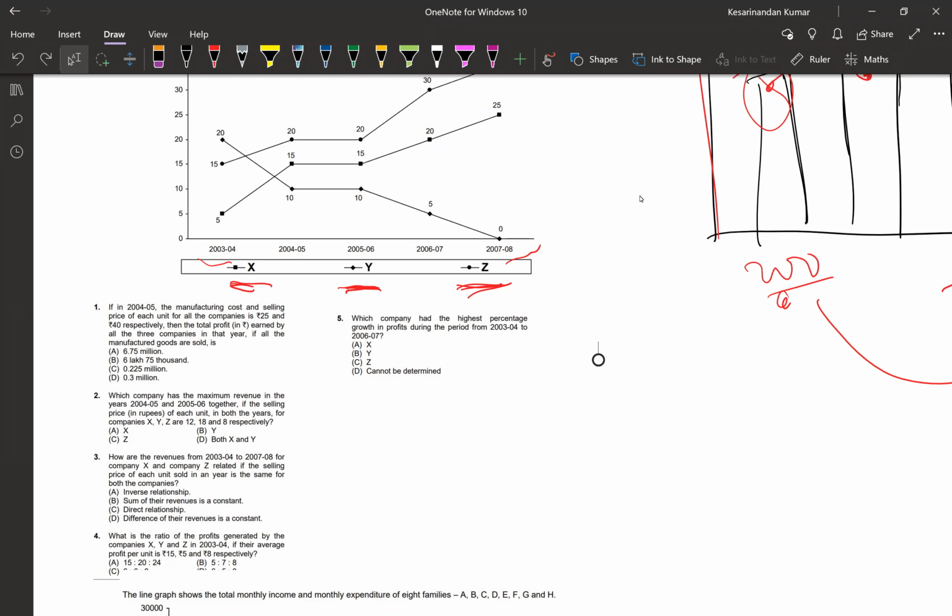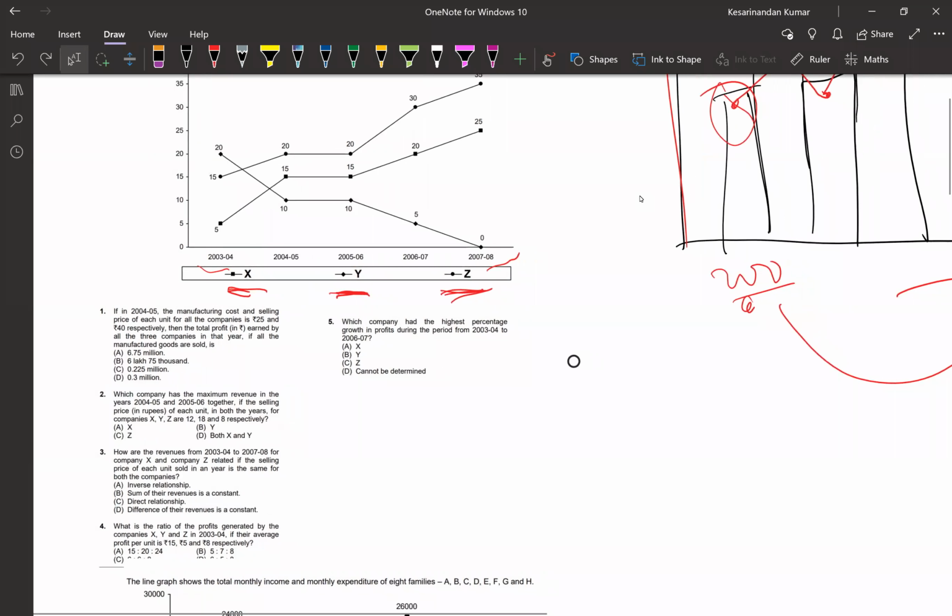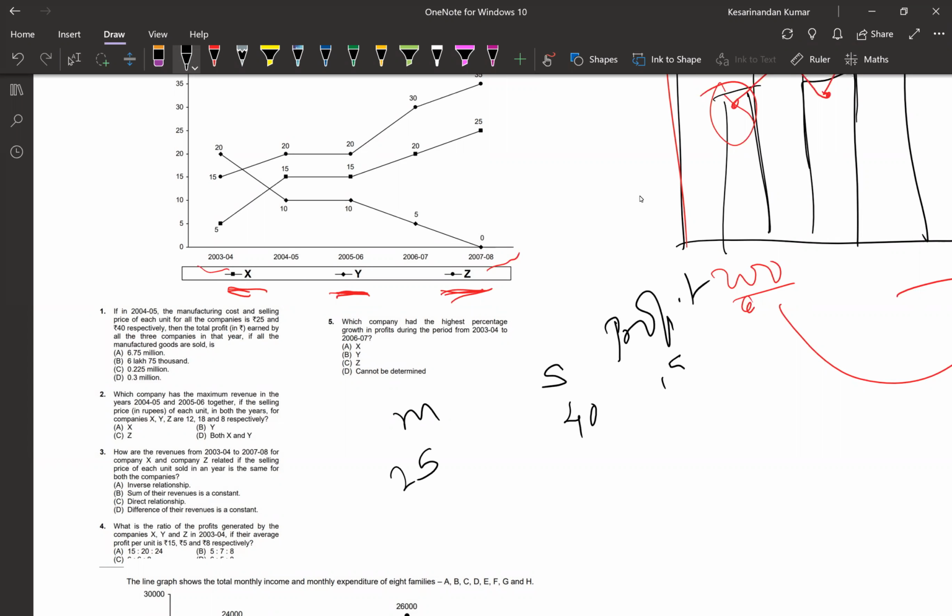Looking at the first question, if in 2004-2005 the manufacturing cost and selling price of each unit of all the companies is 25 and 40 respectively. So we have manufacturing and we have the selling. Manufacture at 25, sell at 40, profit is already 15.